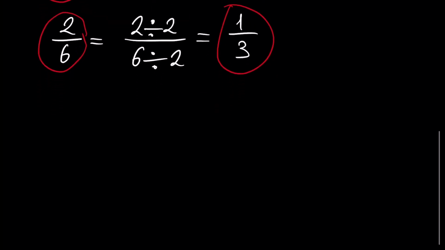Reducing to the lowest terms can be performed by dividing numerator and denominator by GCD. Or once again, we can reduce to the not lower but lowest terms by dividing numerator and denominator by the greatest common divisor.